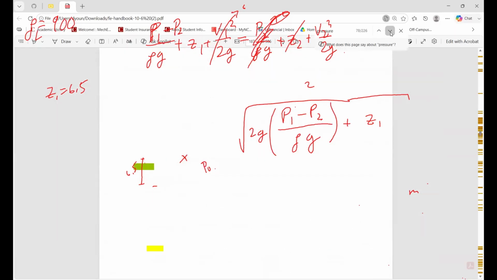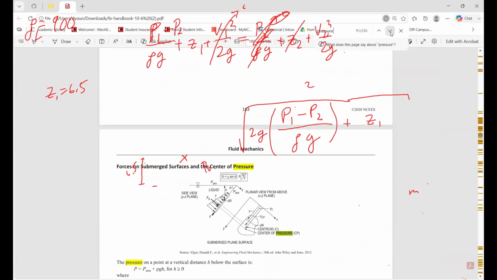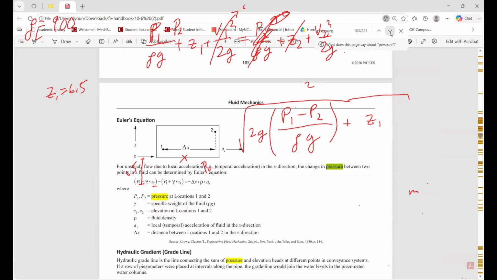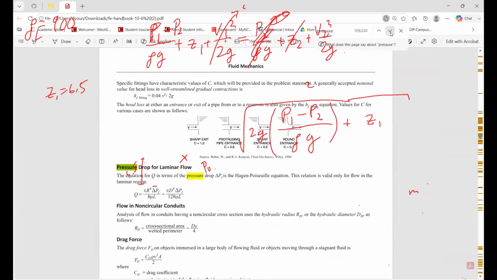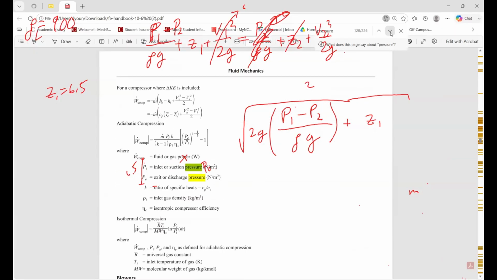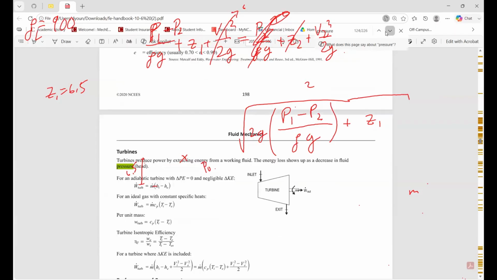Instead, I'm getting all this. You're joking. I'm just shocked that they wouldn't give me atmosphere pressure here. They seriously did it. They gave me H, but they don't give me atmosphere pressure.